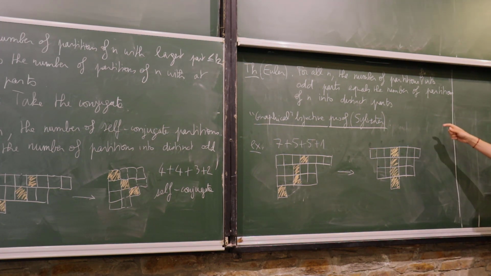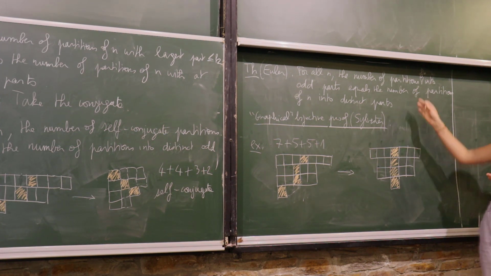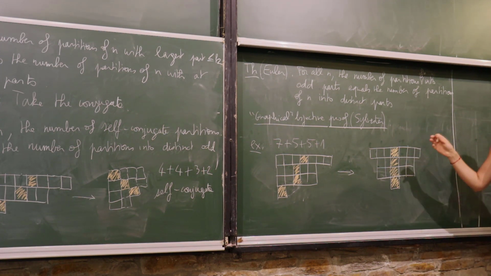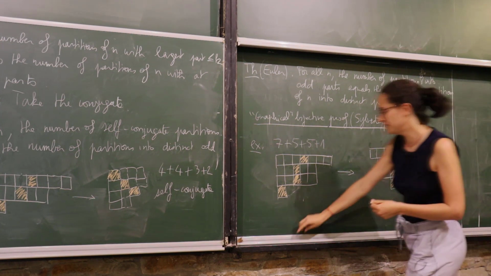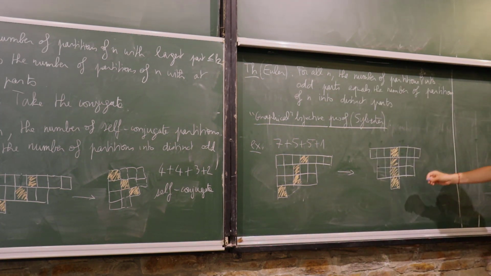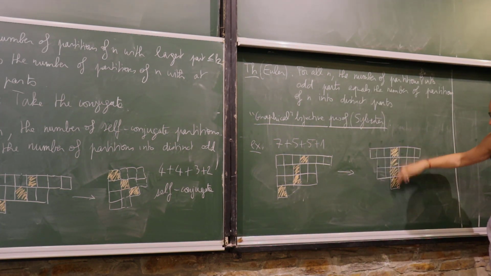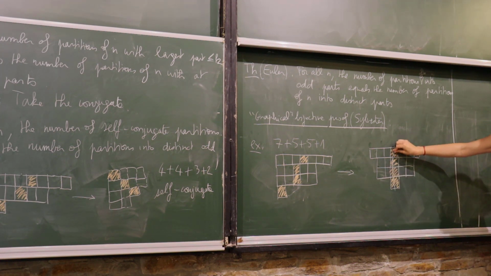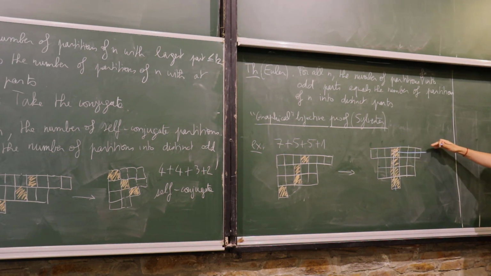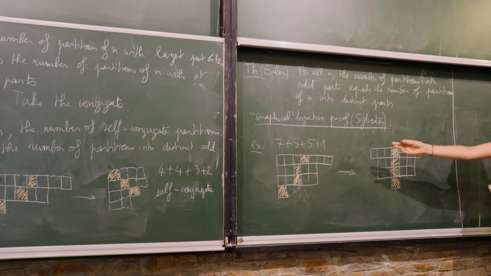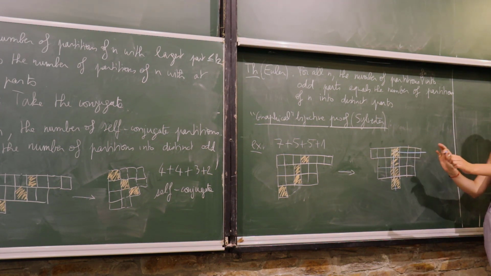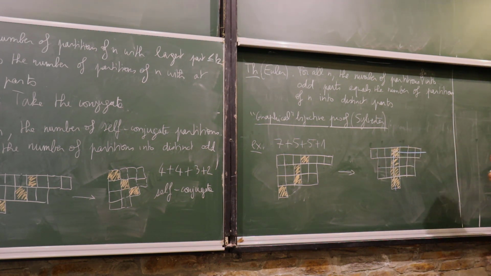And now what we are going to do is that on this diagram we are going to read some new numbers that will all be distinct. So what are we going to do? For the first number, we will take this central line and the arm here on the right. We could take on the left because it's symmetric, as you can see, but that's just a choice. That will give us the first part in our new partition.